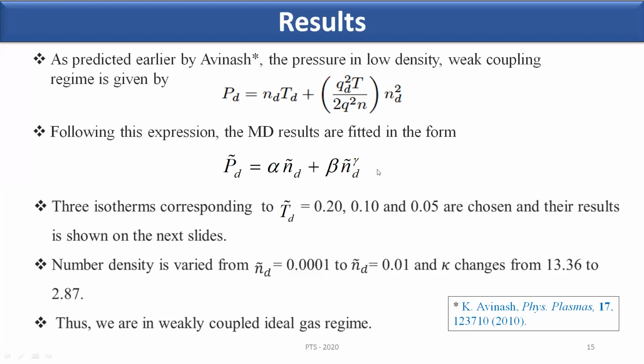Alpha, beta, and gamma are free parameters to be fixed by the simulation. Also, I have taken three temperatures: 0.2, 0.1, and 0.5, and the number density has been varied in such a way that kappa remains in the weakly coupled regime only, so that we are talking about only the Yukawa gas, not the Yukawa liquid or Yukawa solid.